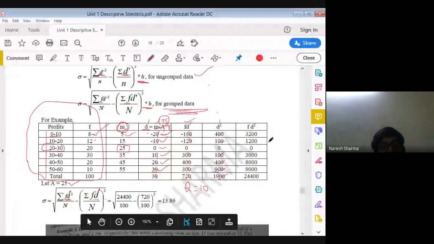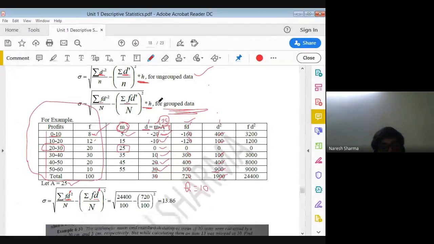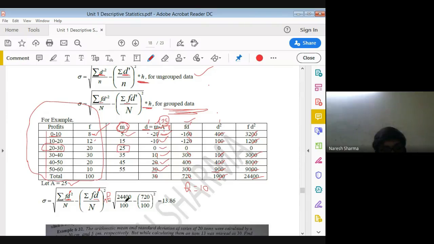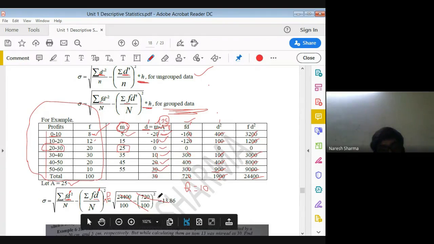Multiply f with d square, that also gives you 32, 12, 30, 80, 9000 and 244. But here also you need to multiply with your h.